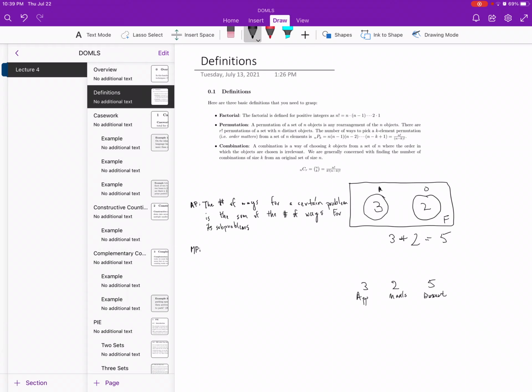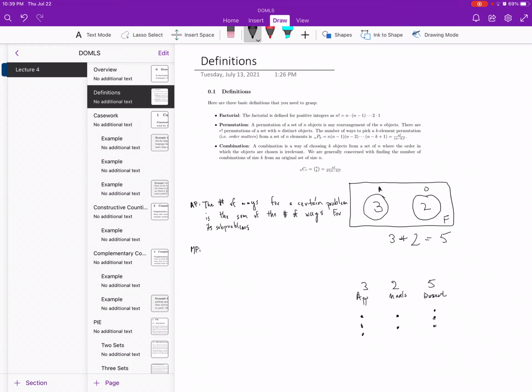The idea is that for each of these 3 appetizers, I'll draw 3 dots here. There's going to be 2 meals and 5 desserts. That was badly drawn, so I'm going to draw those dots again.